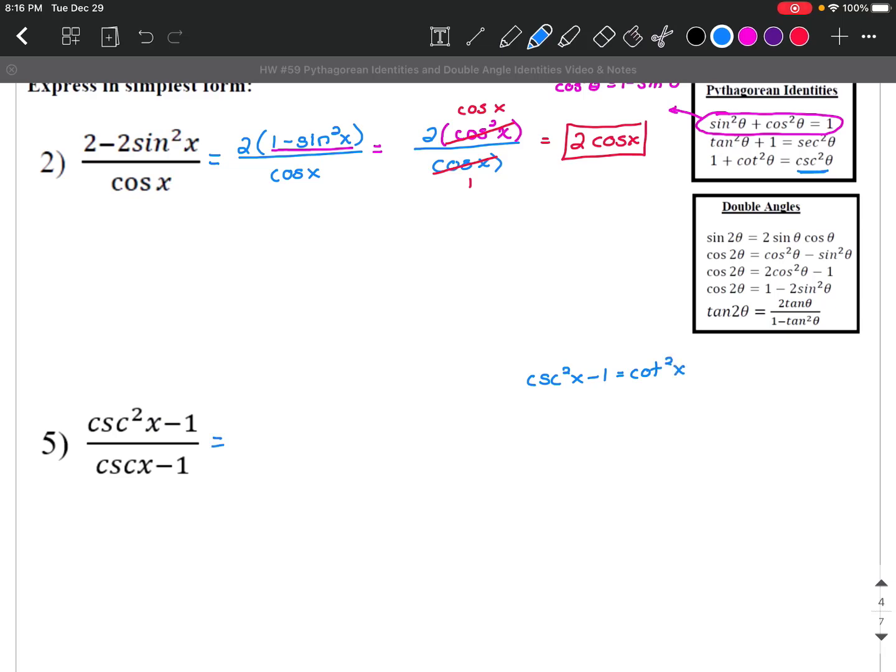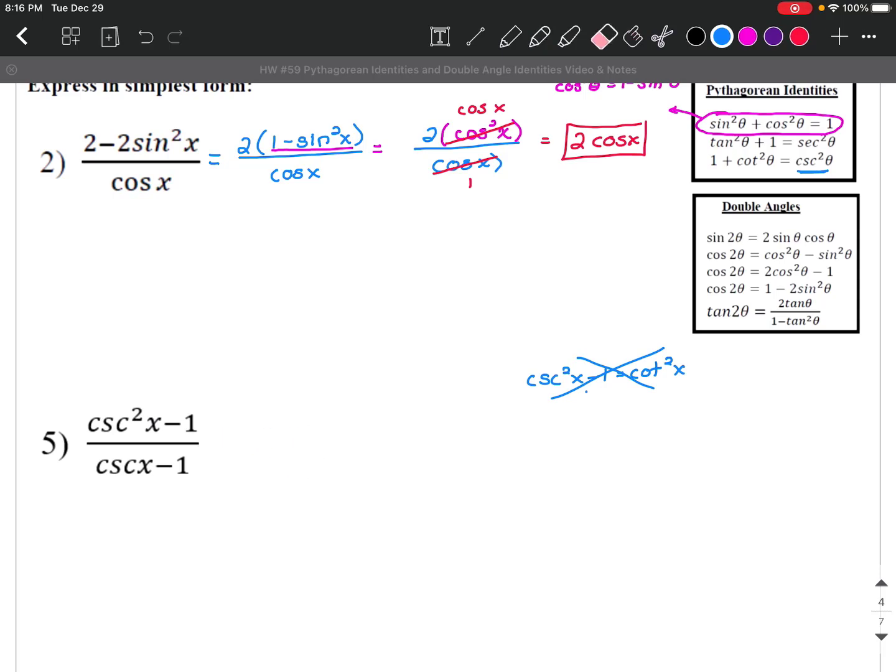If I put this identity and I substitute in here, I would have cotangent squared x over cosecant x minus 1. That's not going to help me. I now have 2 different trig functions. I've actually made this more complicated. So using this identity did not help me. It's actually making the problem more difficult.